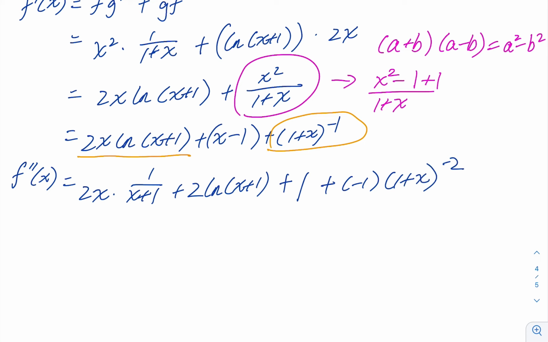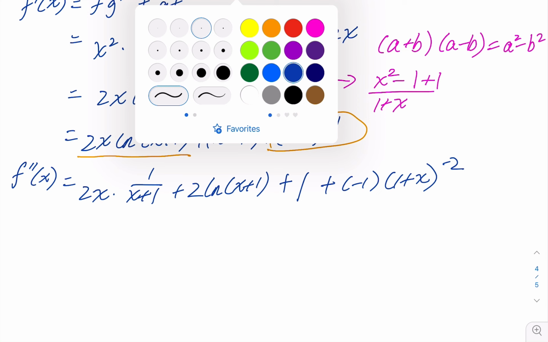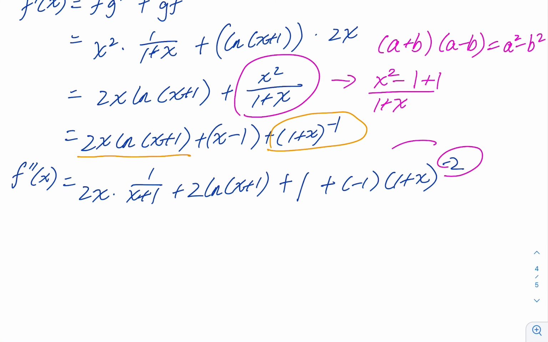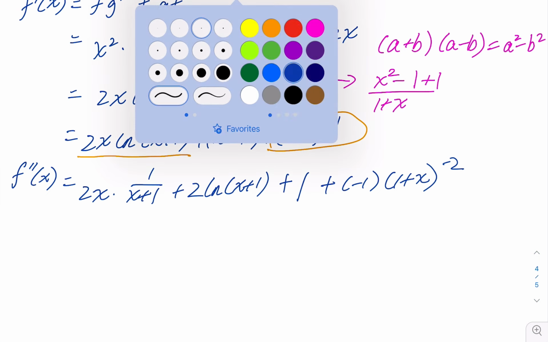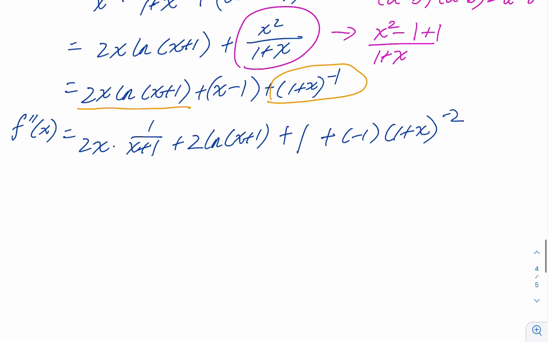Can you see a pattern here? If I keep differentiating, this will drop down and this will become minus 3 and it will keep on. Do you get this? Very good. But to get this pattern, I want everything to be a constant coefficient instead of a variable.